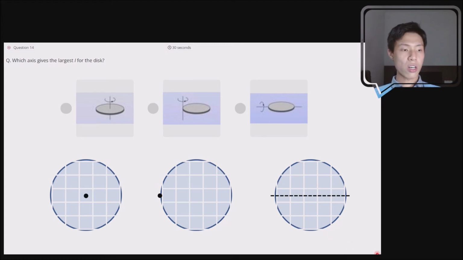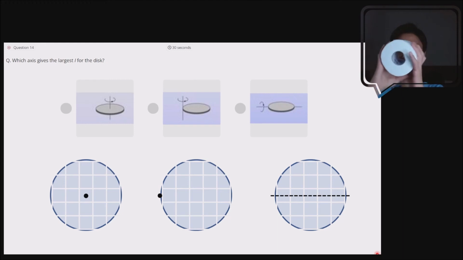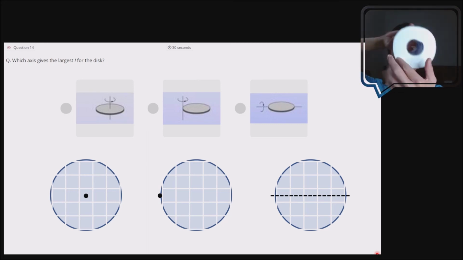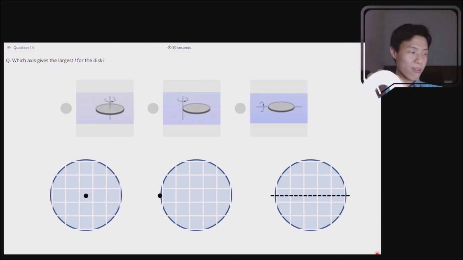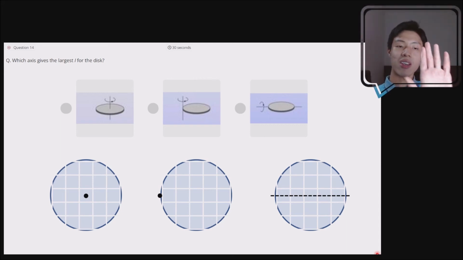So if you think of this as a circular disc, then the first option will be rotating like this. The axis of rotation is at the center. Then the second option will be a rotation like this. You'll be rotating with one point as the axis of rotation. Whereas the third one, I don't have this, so this one is a bit difficult to show, but it will be something like this.